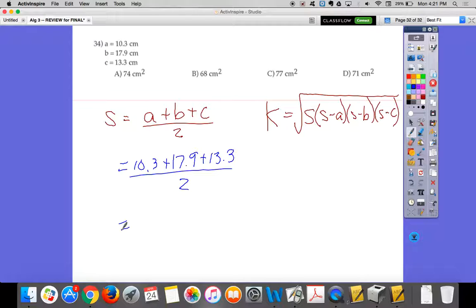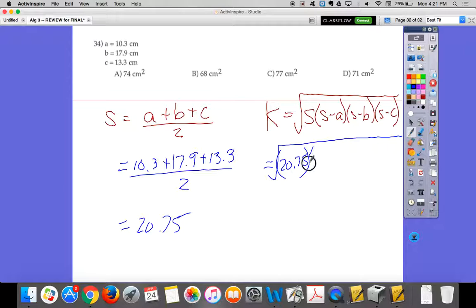Now let your fingers do the walking. We've got 10.3 plus 17.9 plus 13.3 equals. So please get the top value first. Then do divided by 2. So I got 20.75. Okay.